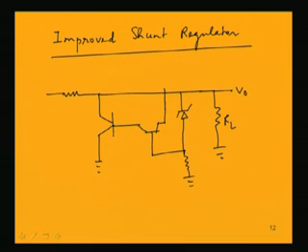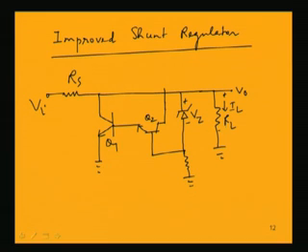Now in these two transistors, which are NPN transistors, let us name that transistor Q1, this is Q2, and input voltage is Vi, and this Zener diode is having voltage Vz, the load current is IL.